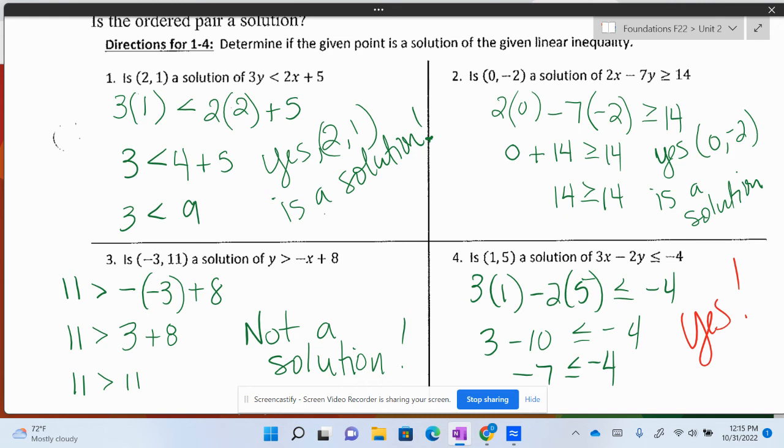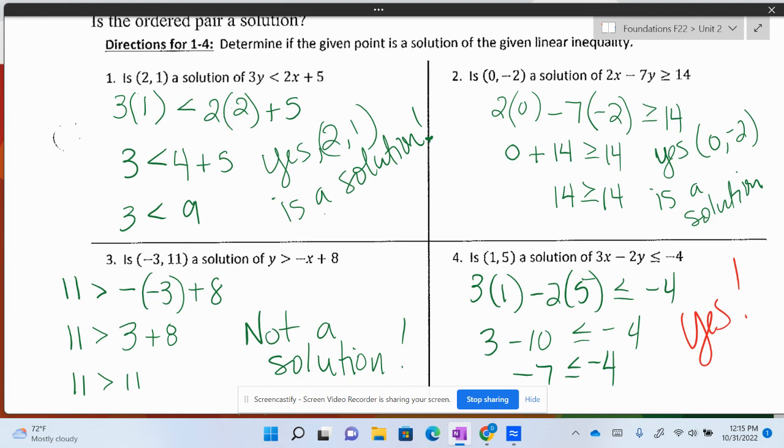Right. Good job. It's not greater than. Is 11 greater than 11? All right, so number 3 is correct.